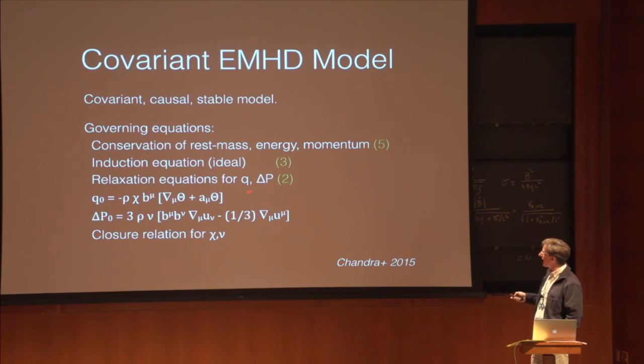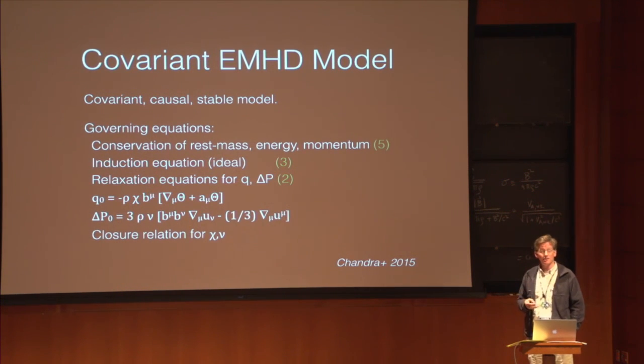But anyway, these relax the heat flux and the pressure anisotropy to the naive values on some time scale, which is really the heart of this. The specification of that time scale is the heart of this theory.